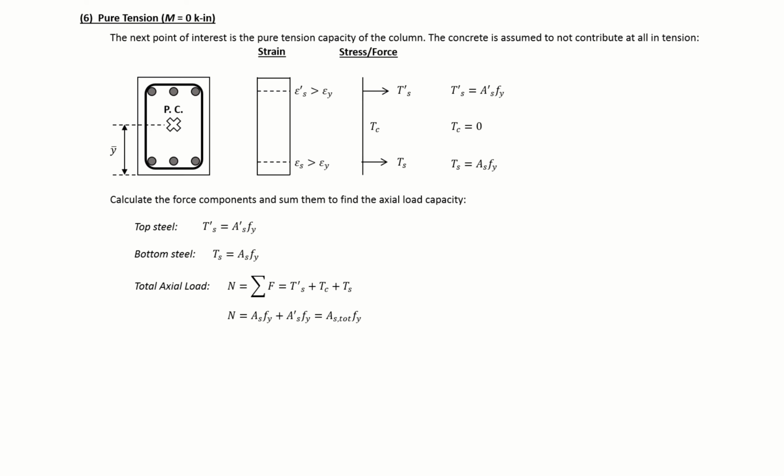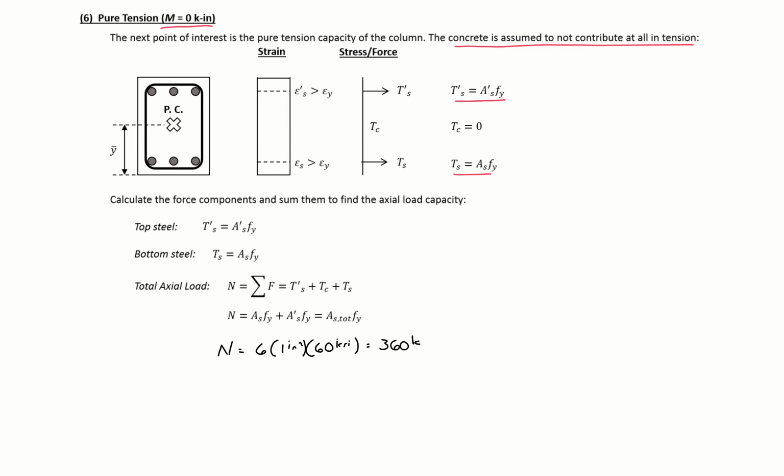The last point we're going to find is our pure tension point, and this is where we have no moment and pure axial tension on this section. Because we're in tension, our concrete is not going to contribute at all, so we only have our top steel and our bottom steel contributing to the force. We can just sum these forces and we'll find our N to be equal to 6 total bars, all yielded, to give us a force here of 360 kips.